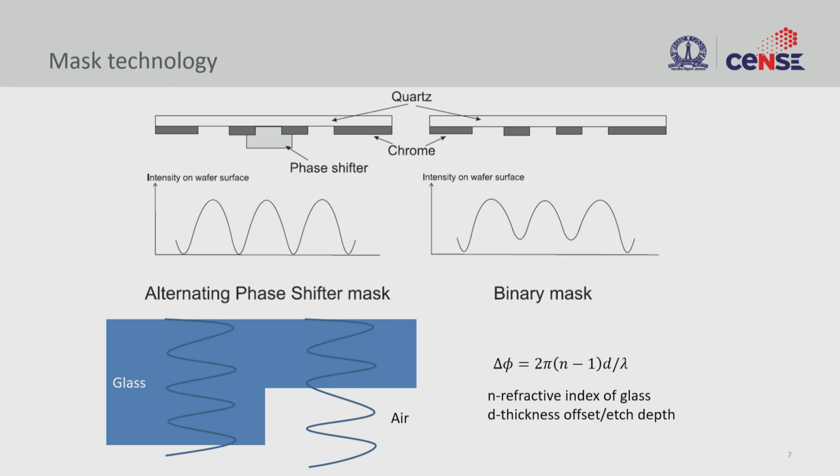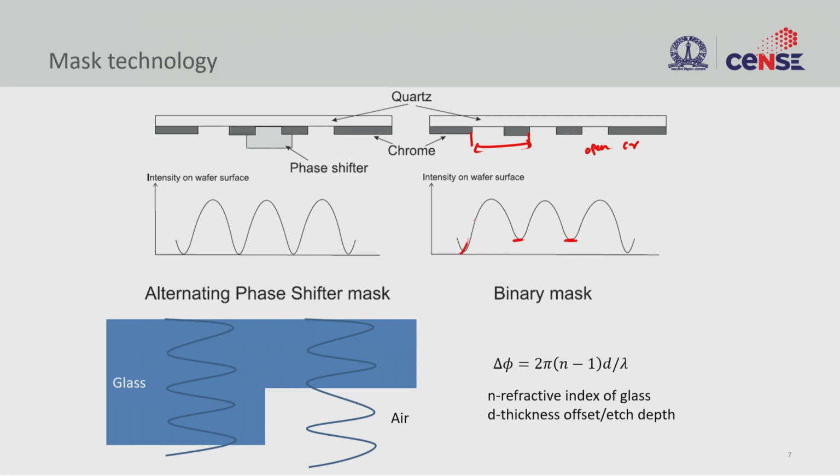For instance, this is the binary pattern, right. So you have chrome and then you have open area here. If the dimensions are very close, so if the pitch is very small, what will happen is the light from the adjacent open regions are going to overlap, and then they will create this.